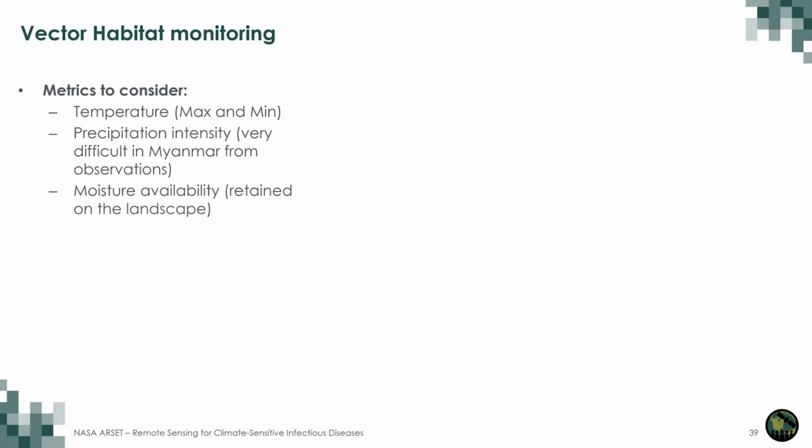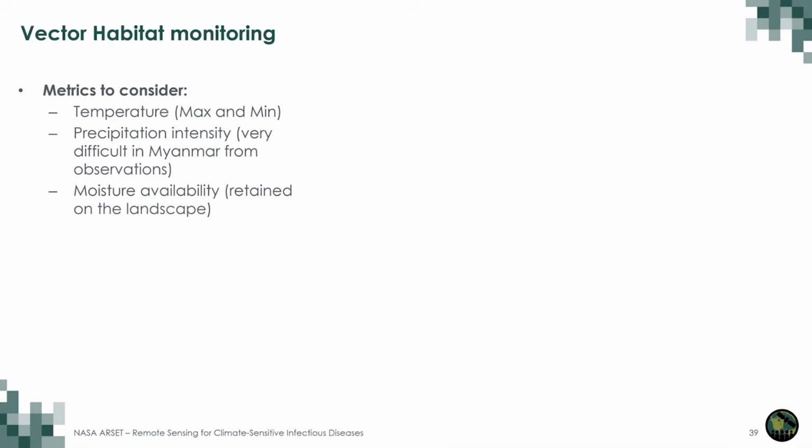We know that moisture availability that is retained on the landscape is very important. And if you look at the publications, you will notice that precipitation is usually the factor that in some papers comes out as very important and positively correlated with malaria, and in others it's conversely negatively correlated with malaria.